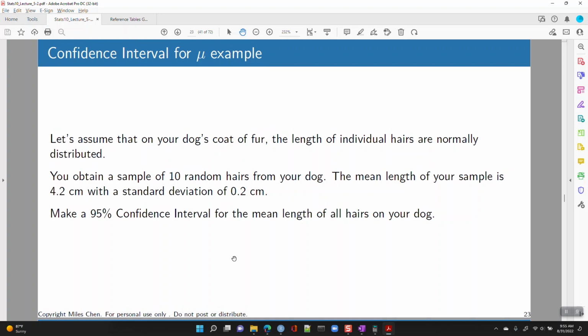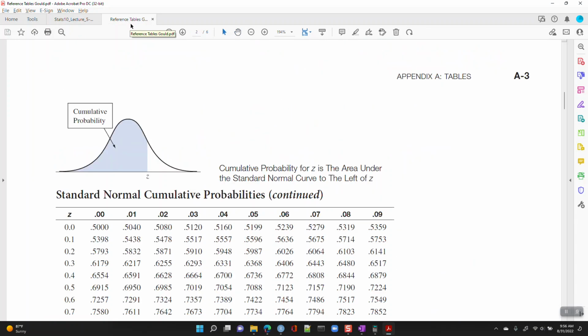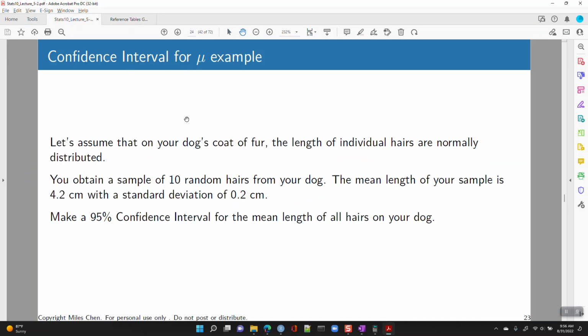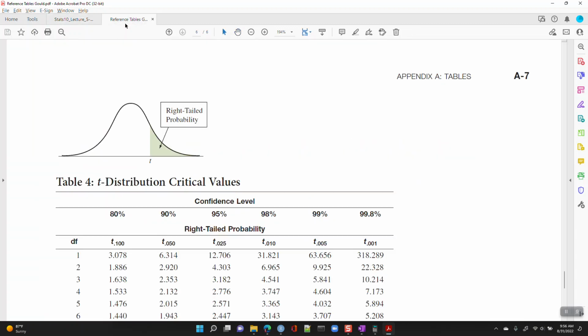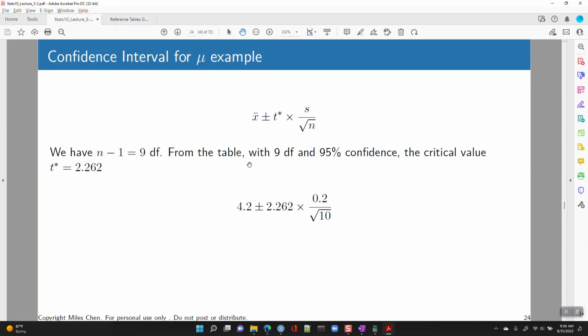And you know what? We'll just show you the numbers here, okay? So we go to our t distribution table, and we have 9 degrees of freedom, right? Our sample size is 10, so 10 minus 1, I have 9 degrees of freedom. So I'm going to go to 95% confidence, 9 degrees of freedom, and the number in my table is 2.262. So I'm going to plug that in. I plug in all the other numbers from my problem.